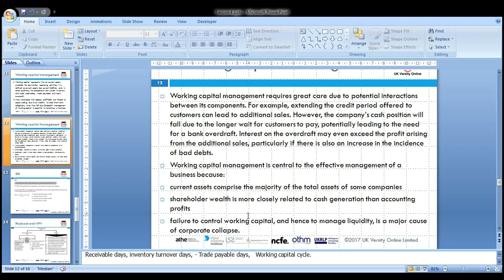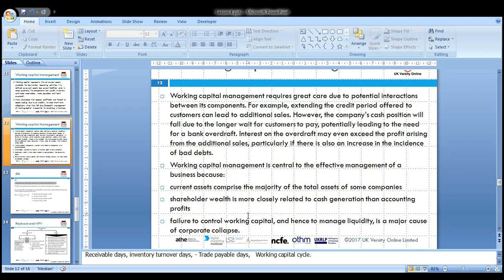So a lot of organizations have collapsed because they don't have the ability to meet their short-term obligations. Ultimately, when you don't meet the short-term obligations, your company can be at risk. So we always need to look at this closely when we make decisions about investing in the short run or the long run, and we need to monitor it.